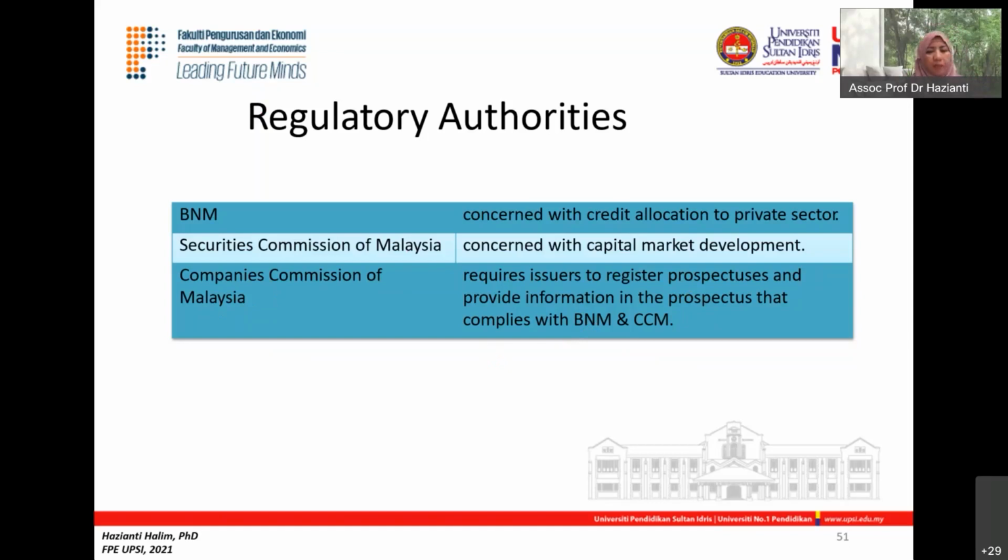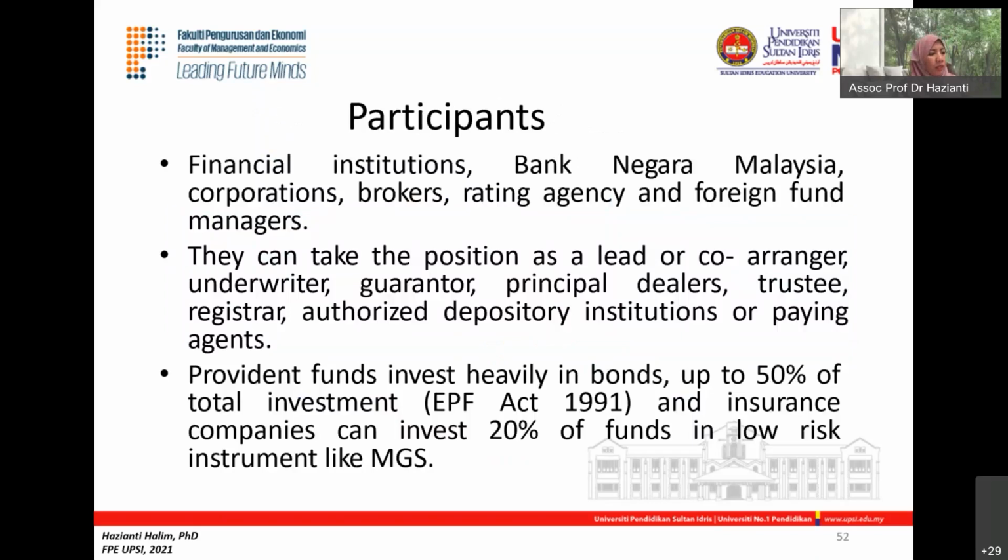All right, and then who are the participants of the bond market? Of course, we have financial institutions, who are the intermediaries. Intermediaries include Bank Negara, corporations, brokers, rating agencies, and also foreign fund managers.